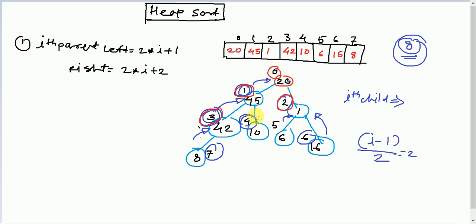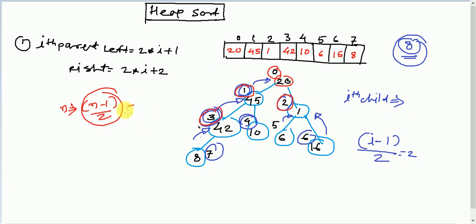So from this we can establish that if the array has n elements, the largest index of the parent will be found at n minus 1 divided by 2. Okay, so n is 8, 8 minus 1 is 7, 7 divided by 2 is the value that we will get here.